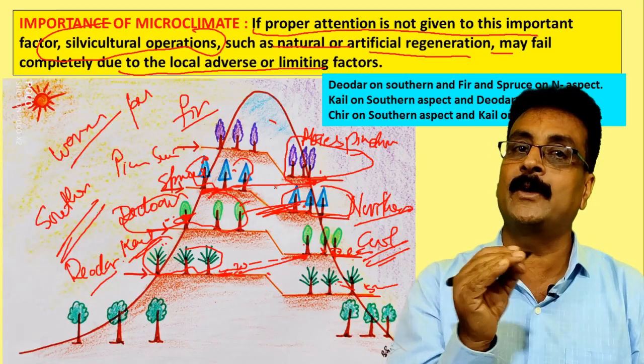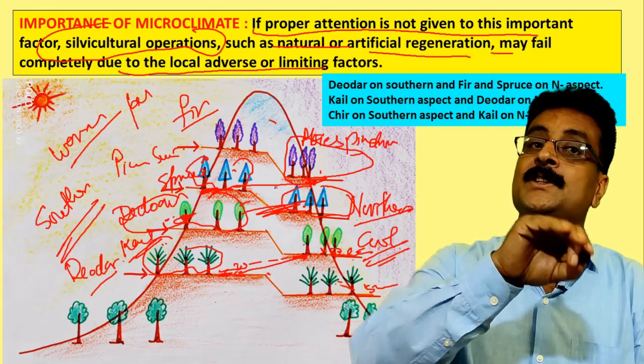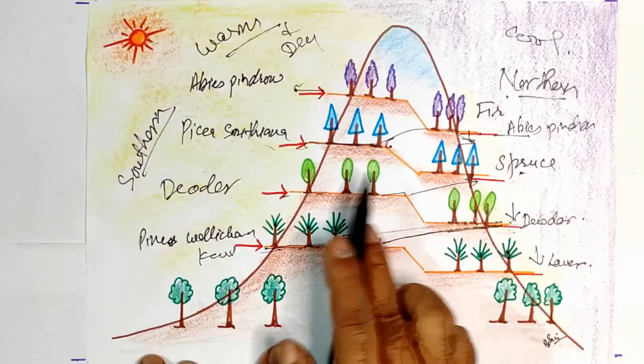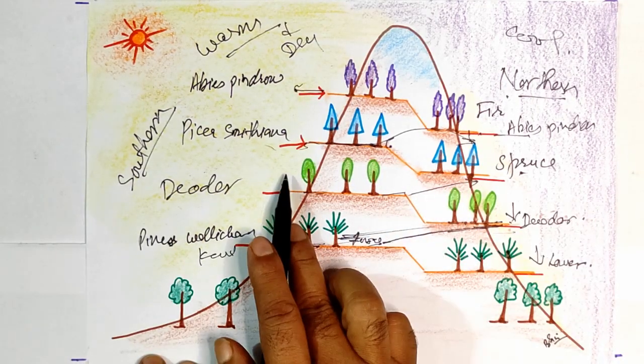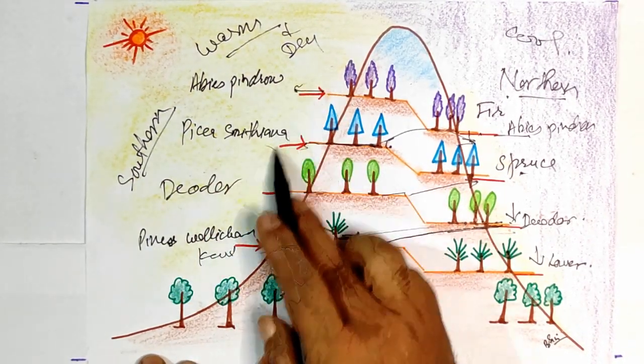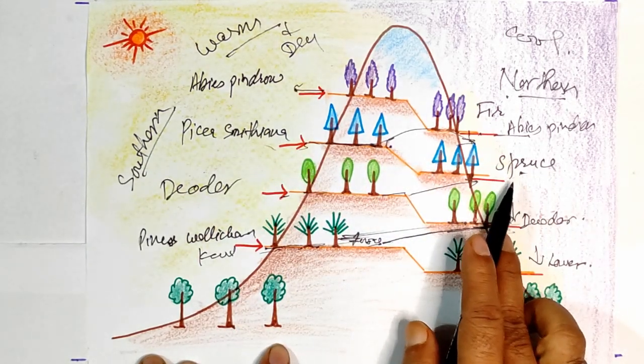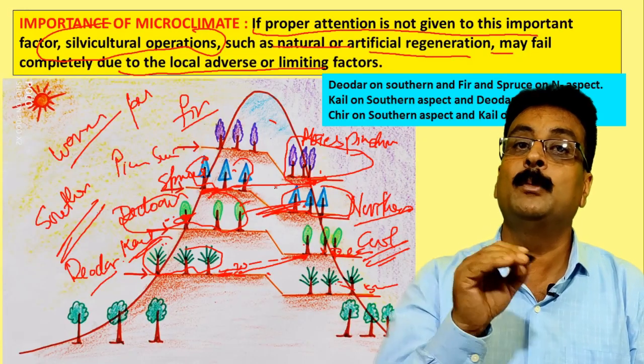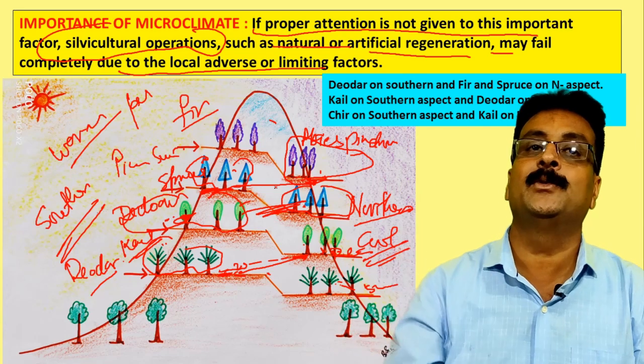It is just the effect of microclimate, and microclimate is happening due to the change in the side of the mountain. On the southern it is warmer, and on the same altitude on the northern it will be cooler. So that is the difference. When you do plantation, you should know at what altitude you have to do it for the survival. So that is microclimate and its importance.